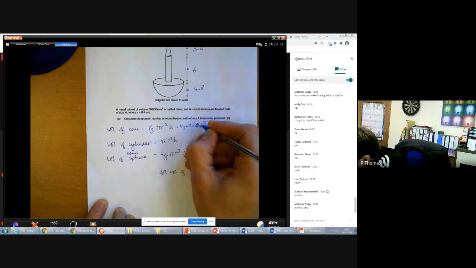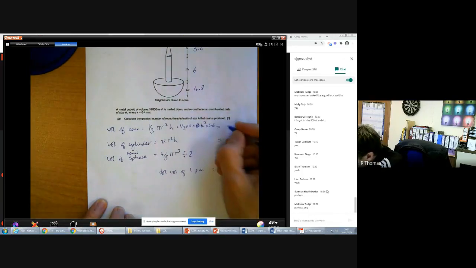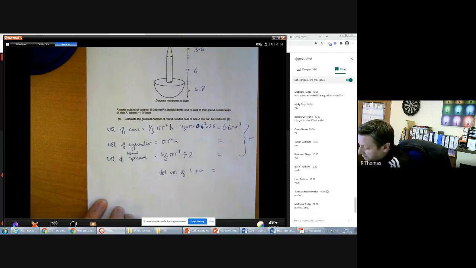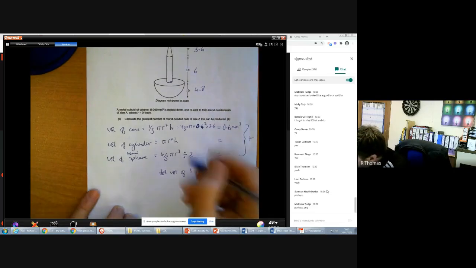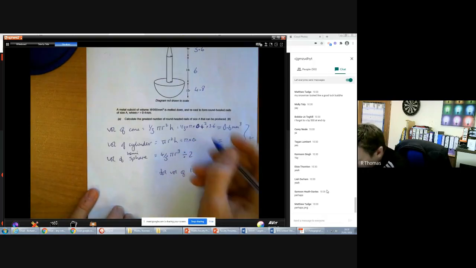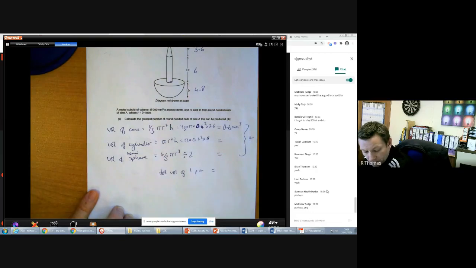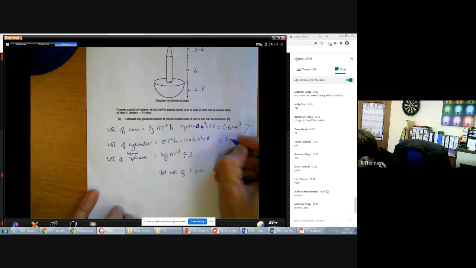Right, for my cone, I have 0.6 cubic millimeters. And for my cylinder, I have 3 cubic millimeters. Anybody agreeing so far?